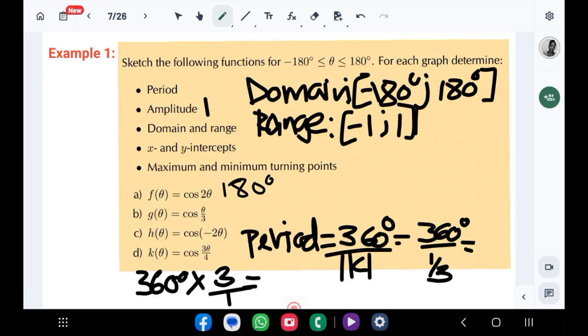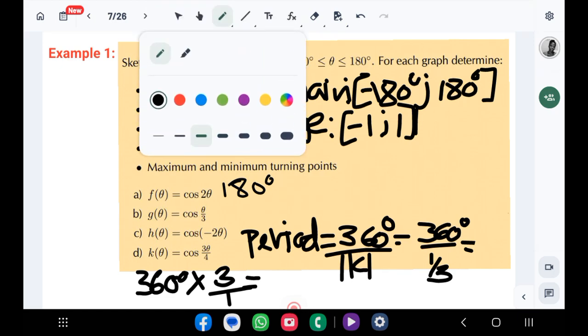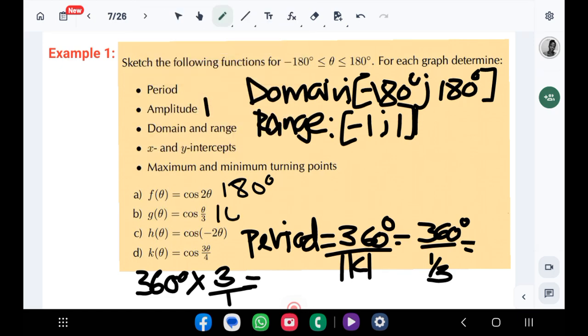Take out a calculator: 360 degrees multiplied by 3 equals 1080. 1080 is your period here. 1080 also means only a third of the graph can be drawn in a span of 360 degrees.